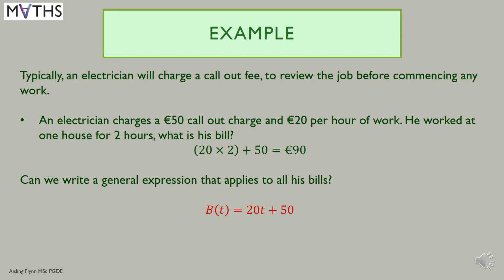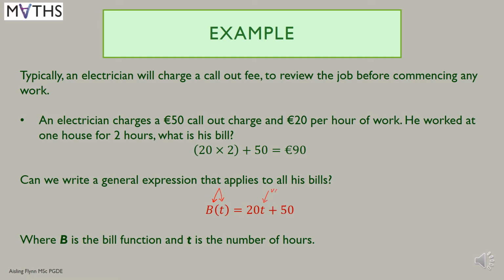Can we write a general expression that applies to all his bills? Again we're using function notation now. The bill here, B, is a function of time. It changes with time. For this electrician it's €20 for every hour, so it'll be 20 times how many hours?